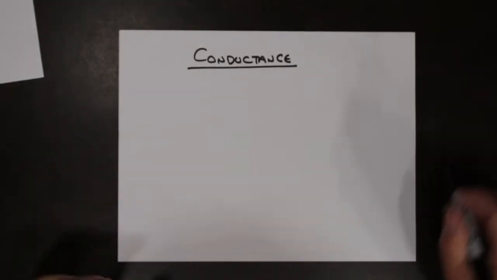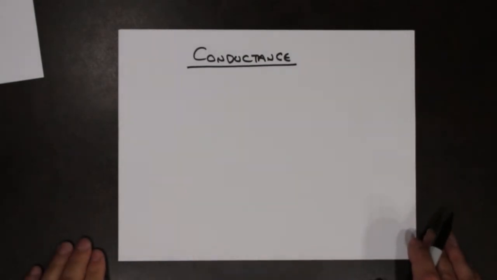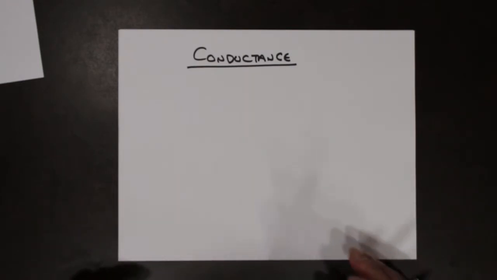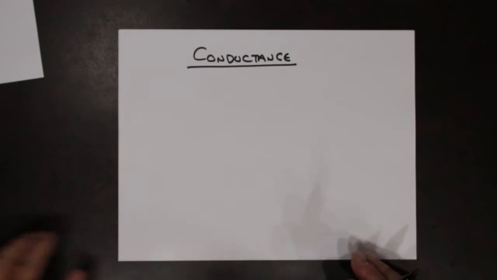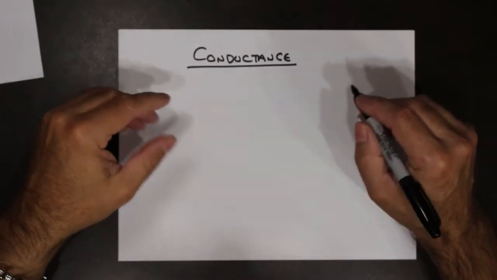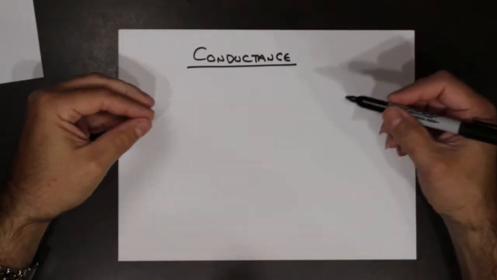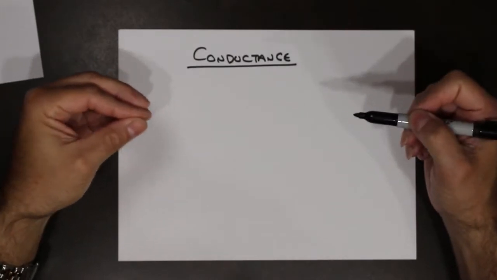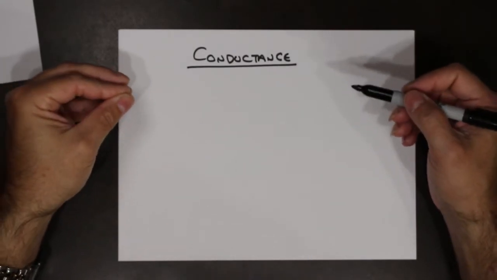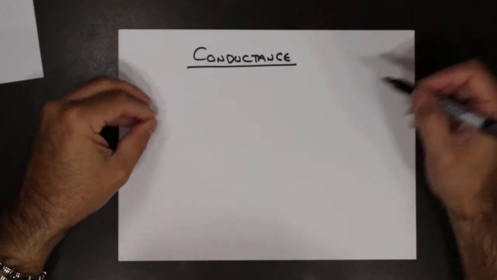Alright, so I'm going to introduce you to a new term called conductance. When something is conducting electricity, so allowing current to flow, it has conductance.